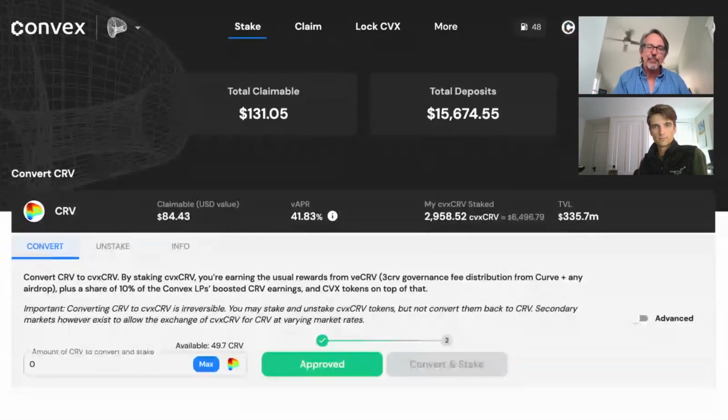It's basically copying what Curve did, and the bribes are the same mechanism. You vote for this guy, you get whatever they're bribing, and what does that guy get? They get boosted returns, so it's kind of the next iteration.